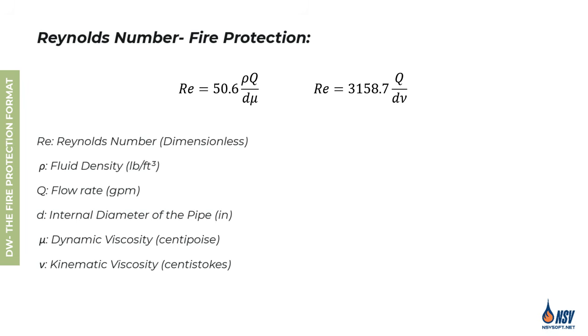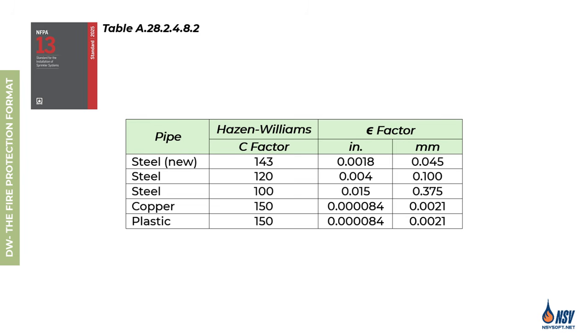The Reynolds number can also be rewritten in a form that aligns with the typical parameters and units used in fire protection systems. In these versions of the equation, we use units common in fire protection: flow rate in gallons per minute, density in pounds per cubic foot, pipe diameter in inches, dynamic viscosity in centipoise, and kinematic viscosity in centistokes. When applying the Darcy-Weisbach equation for fire protection systems, the specific roughness value or epsilon factor of the pipe material can be obtained from Annex A of NFPA 13.